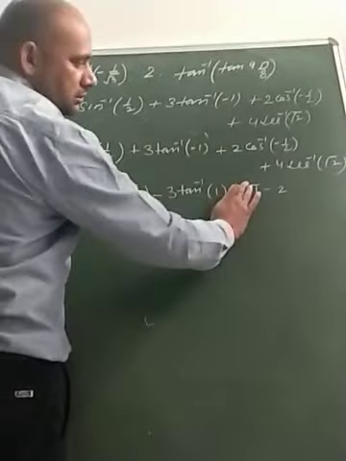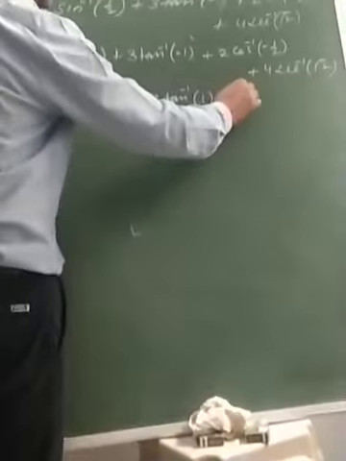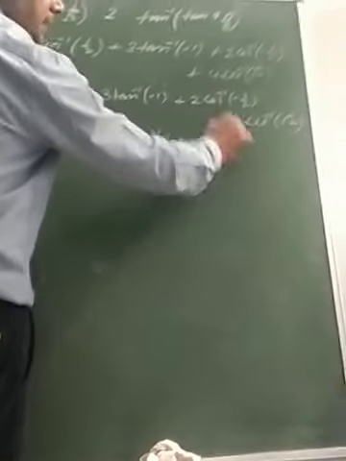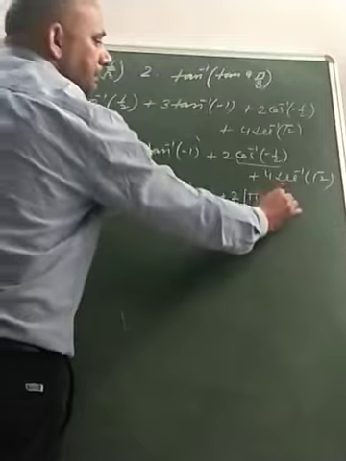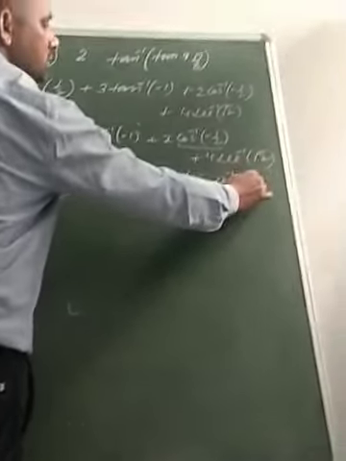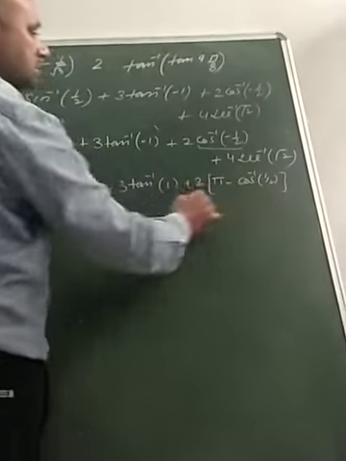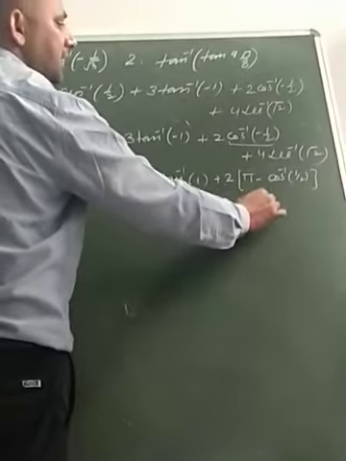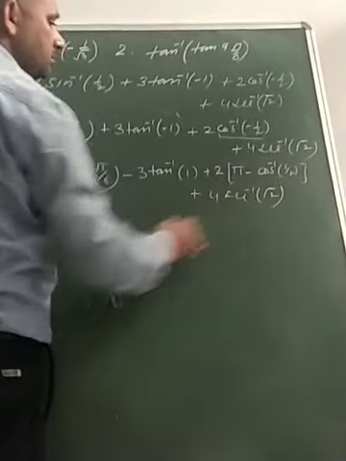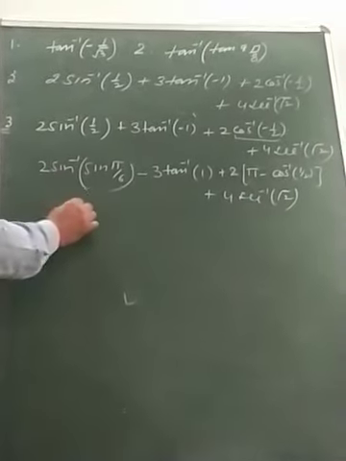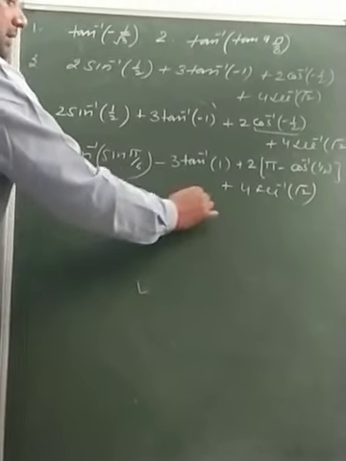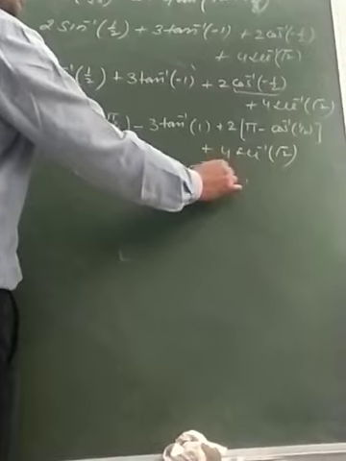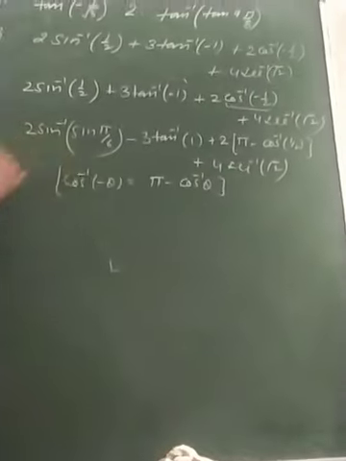First you take 2 as common, and now cos inverse minus theta is written as pi minus cos inverse theta. Then 4 secant inverse under root 2. I will write the property: cos inverse minus theta is pi minus cos inverse theta.